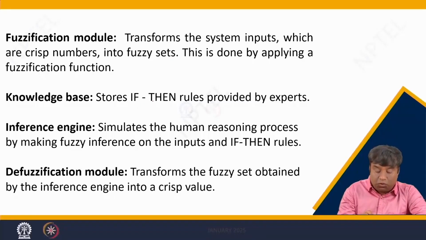The knowledge base stores if-then rules provided by experts. The inference engine simulates the human reasoning process by making fuzzy inference on the inputs and if-then rules. The defuzzification module transforms the fuzzy set obtained by the inference engine into a crisp value.